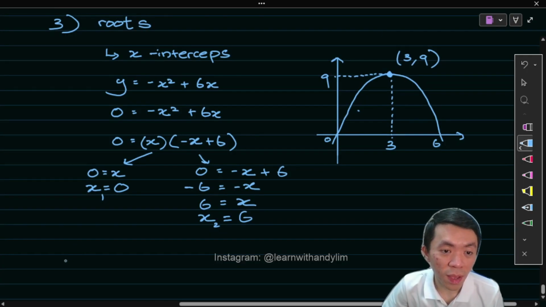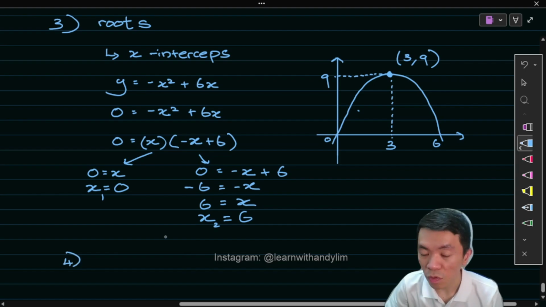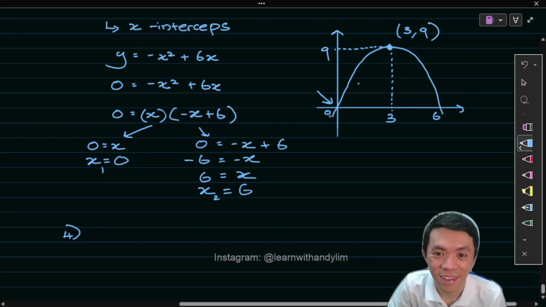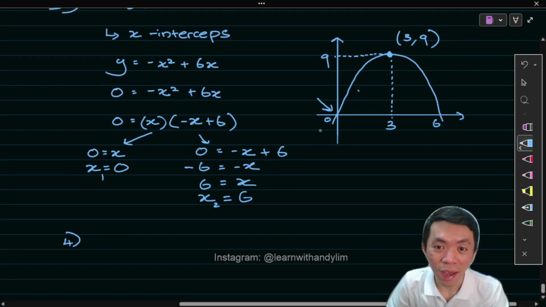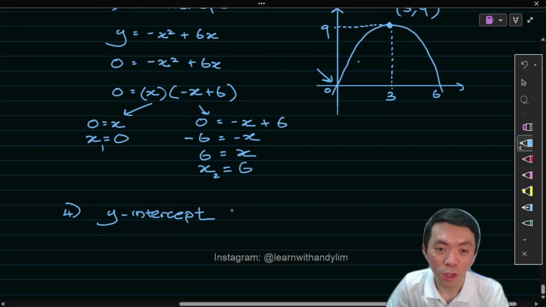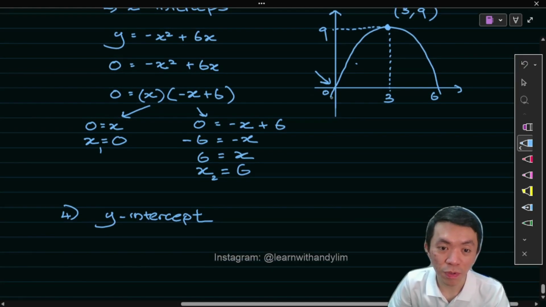And then for the last part, it is just to find the y-intercept, this point right here. In our case, it is pretty much obvious.